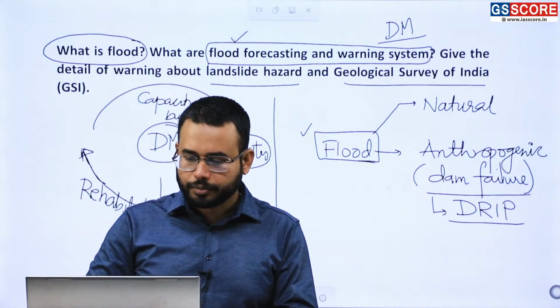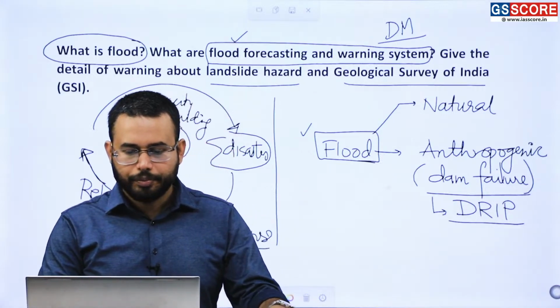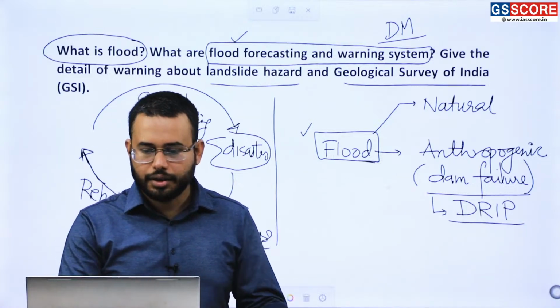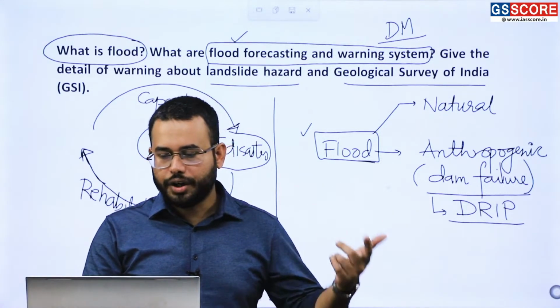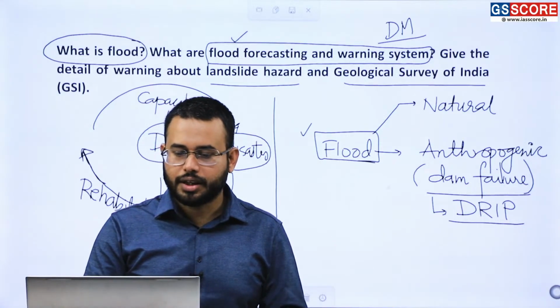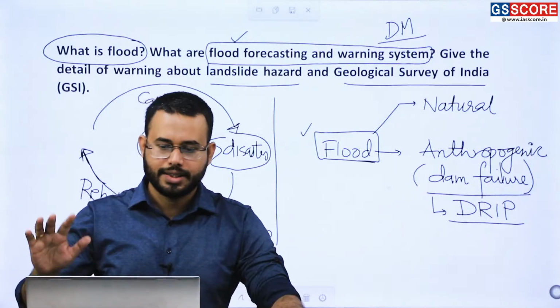Now here, in terms of flood forecasting and warning system, you can talk about hydrometeorological monitoring, which includes monitoring of the rainfall, river flow, water levels, weather condition, which is essential for assessing the flood risk in the area.